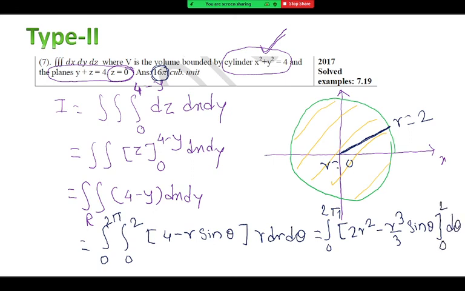I hope it is clear. Let me simplify first: 2 square is 4, 4 into 2 is 8, so we get 8 minus 8 by 3 sine theta d theta. Can you tell me the integral now? What should be the integral of 8?